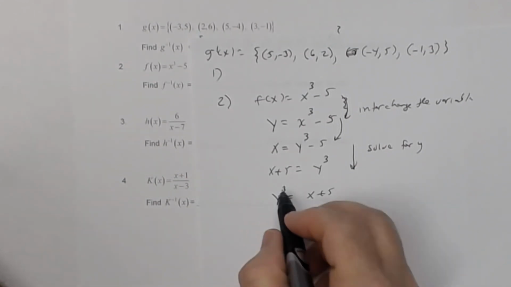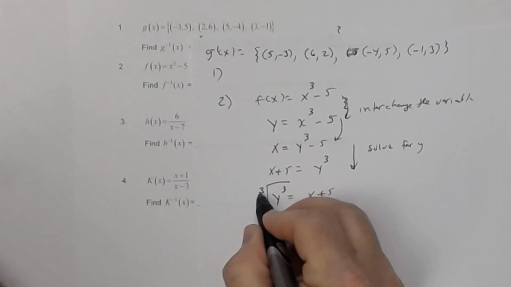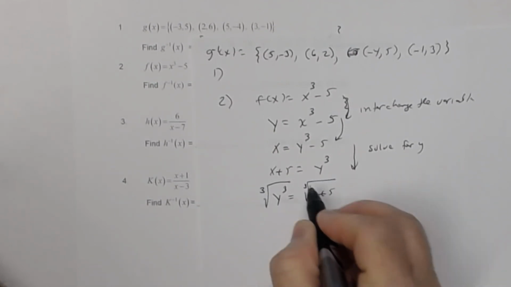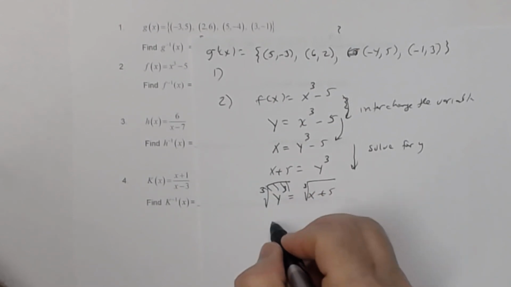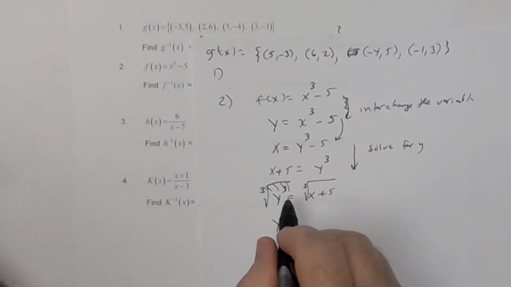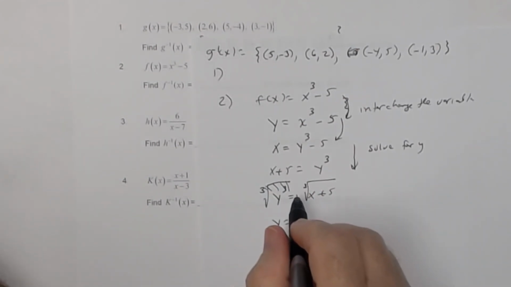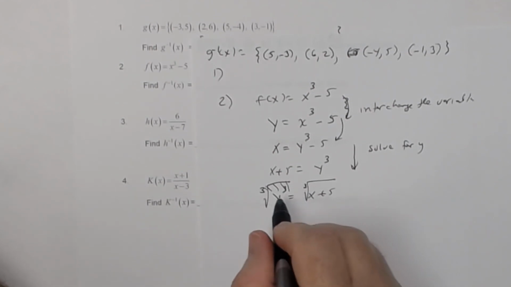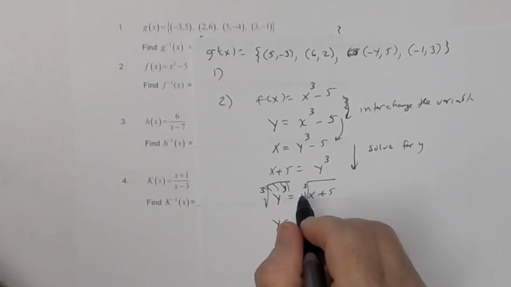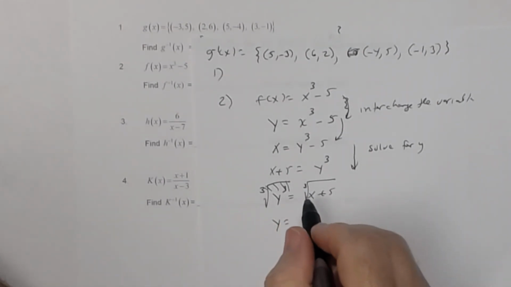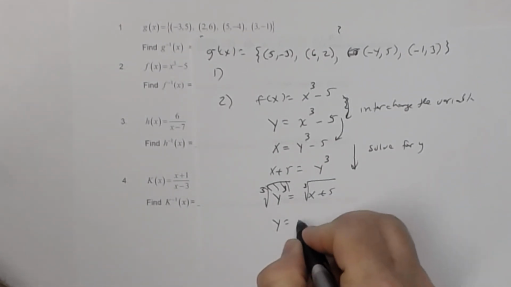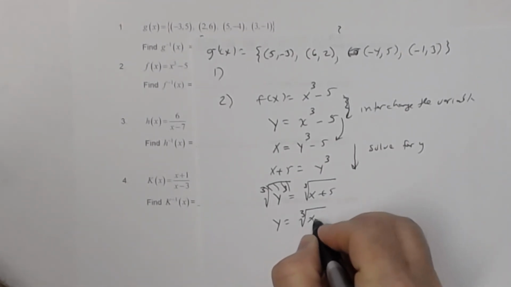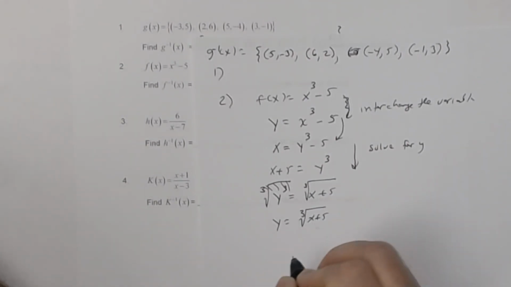The opposite of cubing is to take the cube root of both sides. The cube and the cube root undo each other, so you get y equal. And by the way, the only time you put the plus or minus is when you take an even root, like taking the square root of both sides. But that's an odd root, so you don't use plus or minus. So you get y equal the cube root of x plus 5.